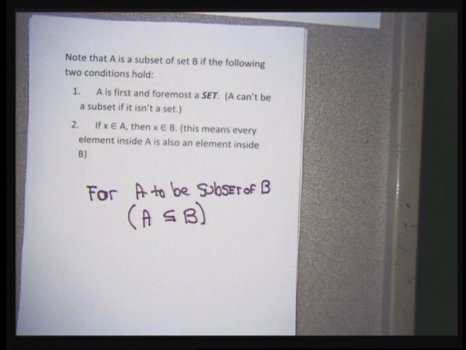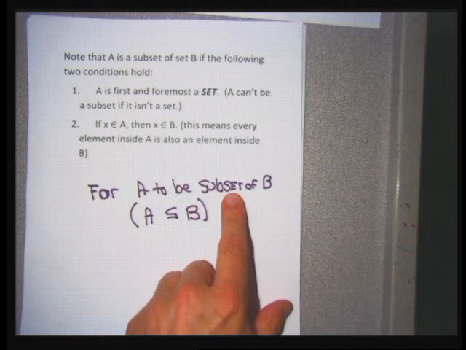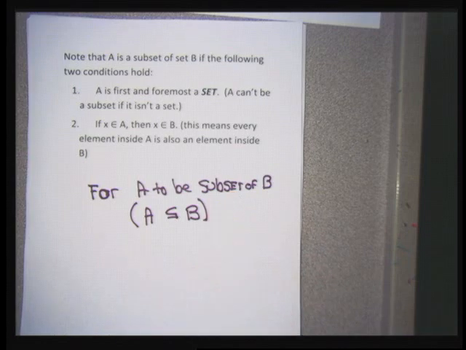First, A has to be a set. To be a subset, you have to be a set. By definition, a subset is a set. And for the most part, for something to be a set, it just needs to be in set braces.